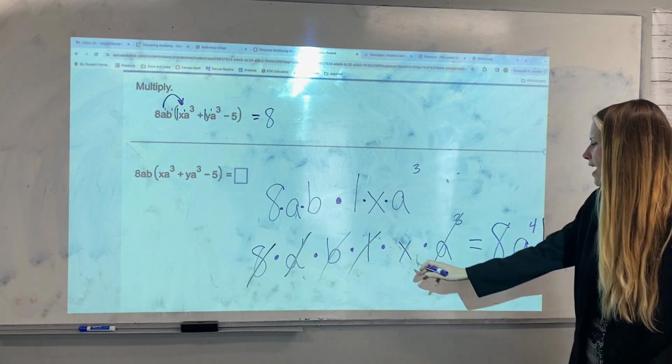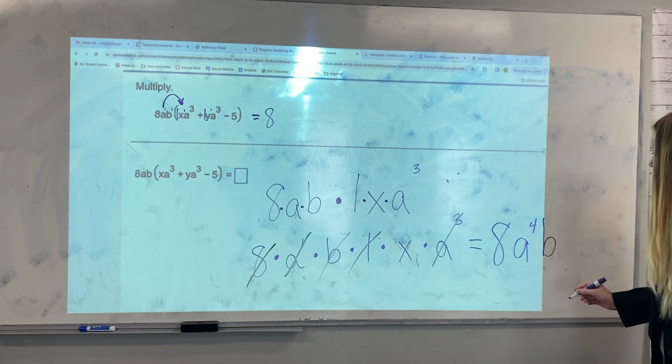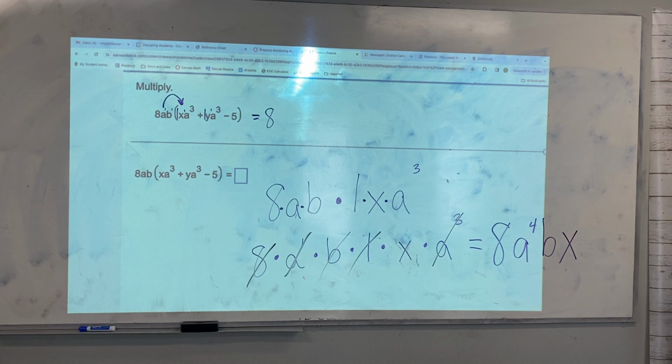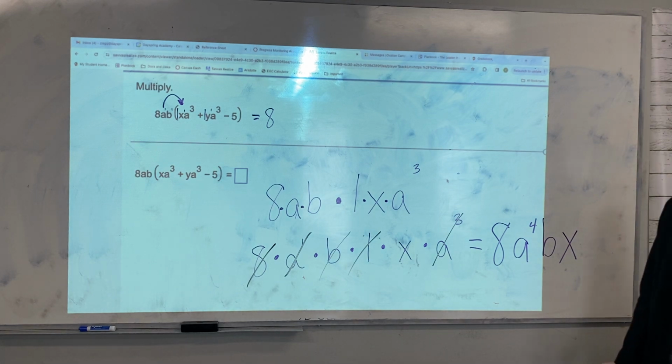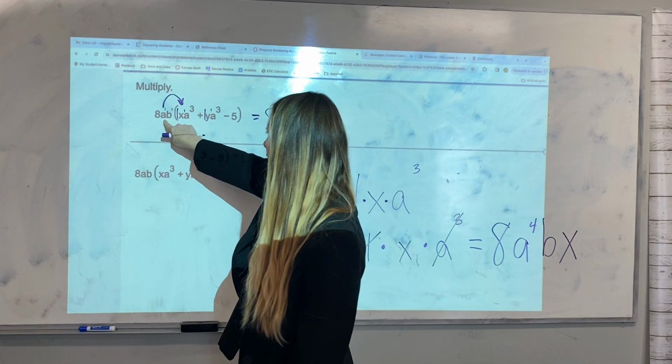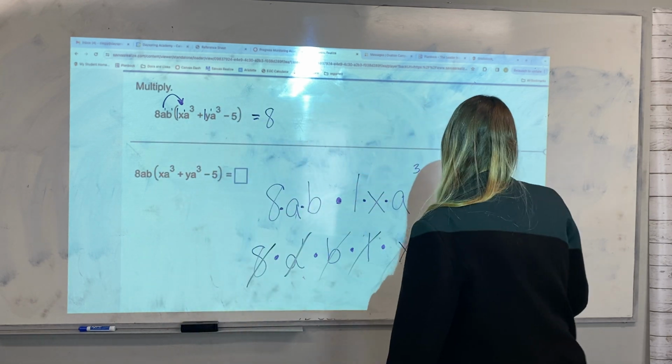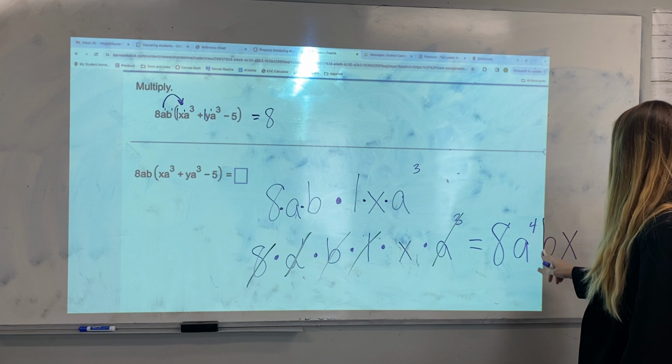All that's left is X, and X is X. So our very first term, after multiplying the 8ab times the xa cubed, is going to be 8a to the 4th bx.